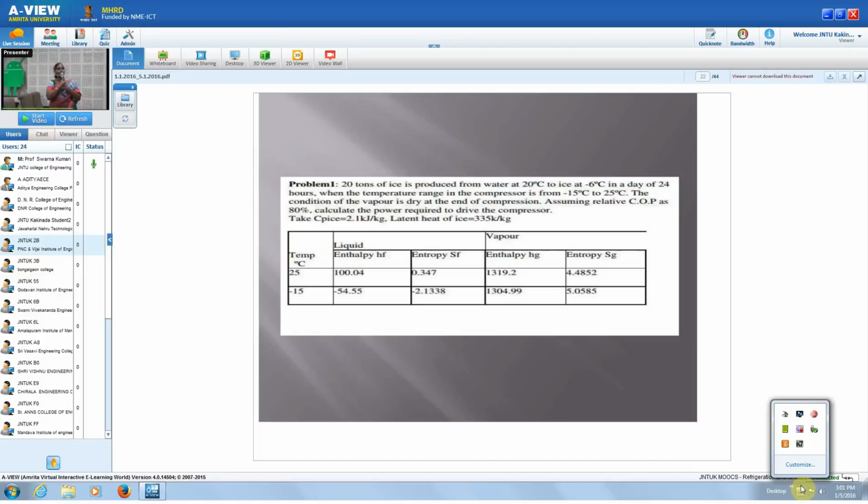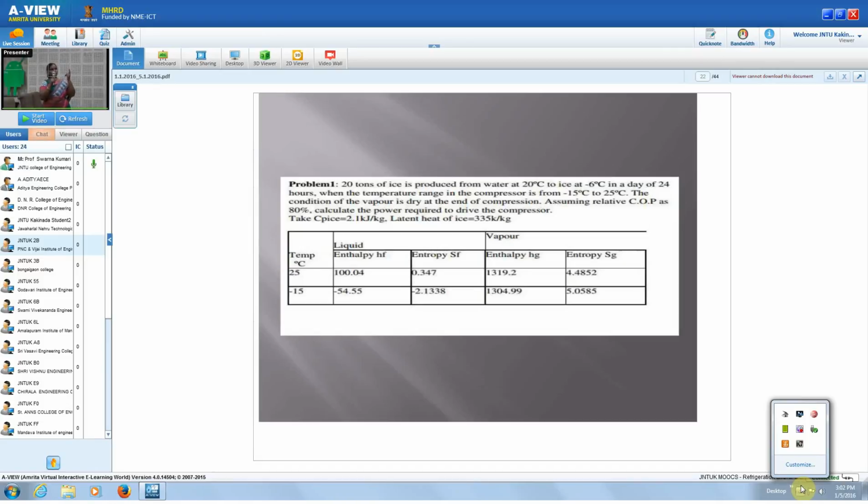So at the suction of the compressor, the vapor is in the wet state. At the discharge of the compressor, the vapor is dry and saturated. Okay. So first thing is you have to find out the dryness fraction, known by equating the entropies. Okay. So entropy at 2 is directly known.